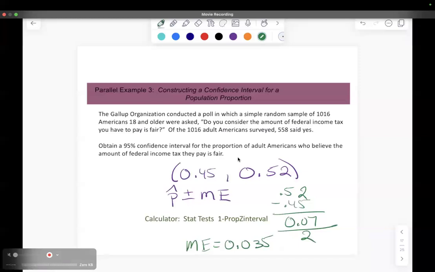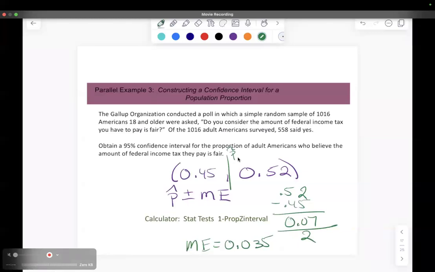And then just subtract that from the 0.52 to get your center. If that makes sense. Because you're looking for that halfway point. My p hat is somewhere in here. That was really ugly. My p hat will live smack dab in the middle. So you need to find that middle number. Then you find the difference between the upper value and that middle number, and that gives you your margin of error.